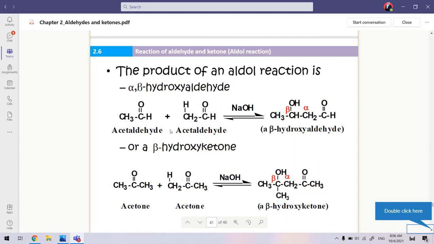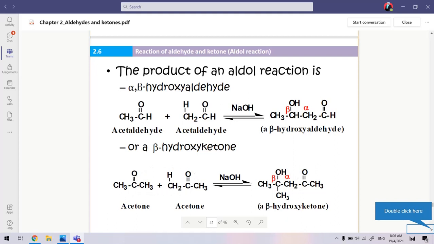So when the aldehyde reacts with aldehyde in the presence of sodium hydroxide, this CH3, C double bond O, this one will change to OH. And this one will attach to CH2 and then C double bond OH. Or ketone reacts with ketone itself.